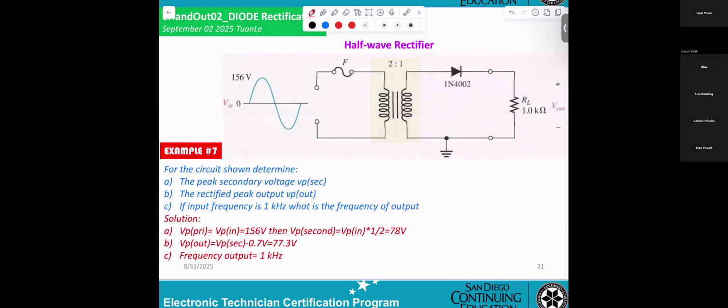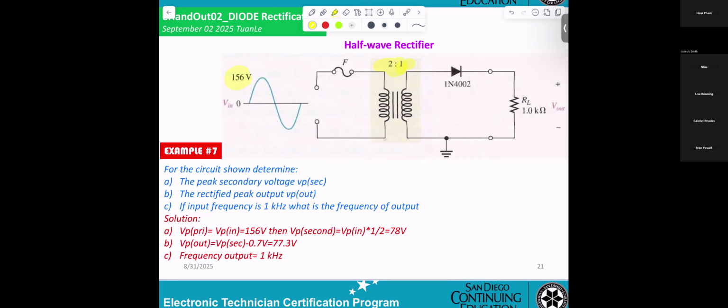The peak secondary voltage VP. Page 156, the transformer 2 to 1, and this is the secondary IL. They want to know what the peak voltage of the secondary is. They give you the calculation.